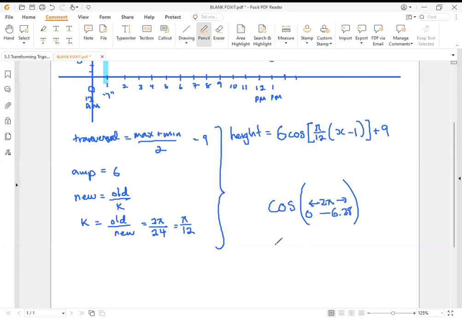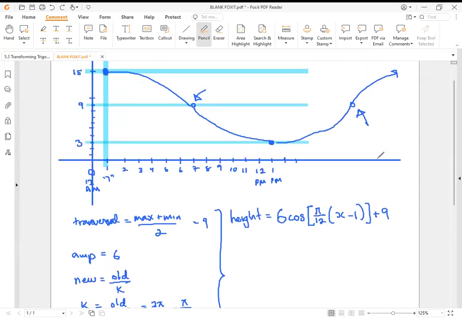What we want to do is turn that into 0 to 24 for 24 hours. By having this k value, we let the x value be in terms of hours, and then it takes that period of 24 hours and converts it into radians using the pi value, using the k, right? Because the pi value is in there. You can think about it like that.